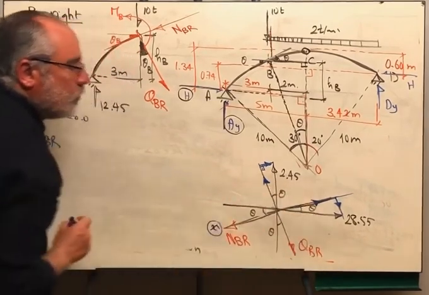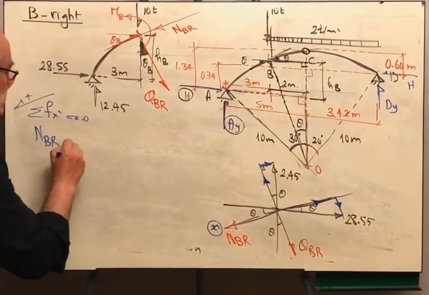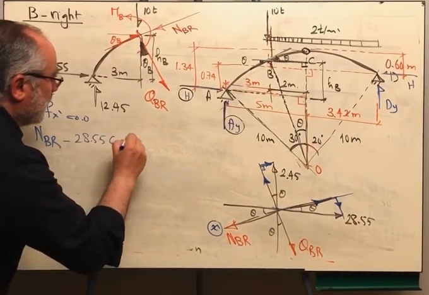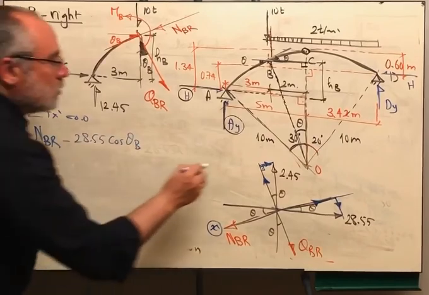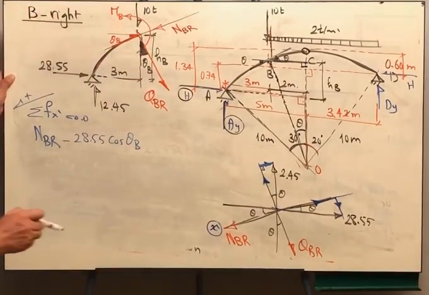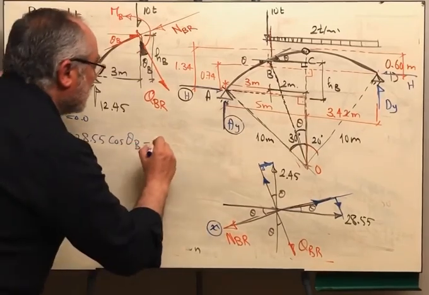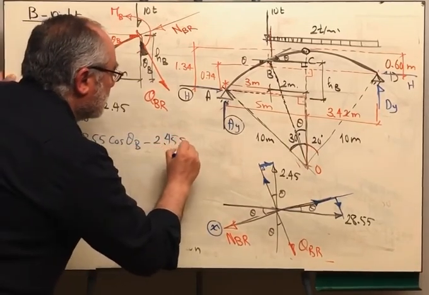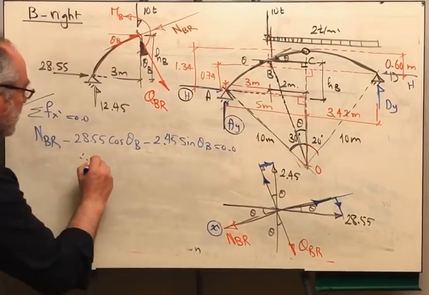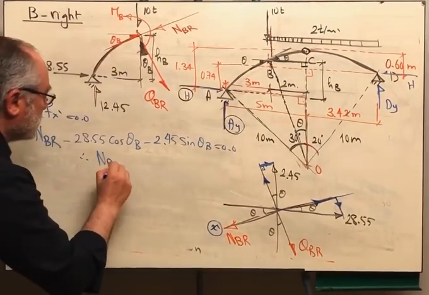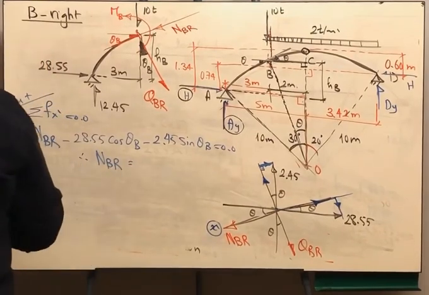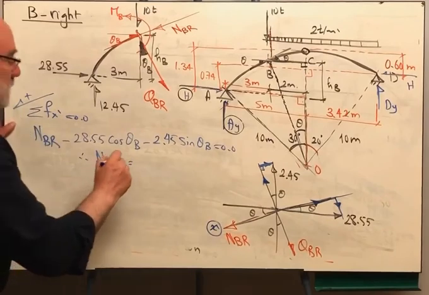Opposite to it is the component of the 28.55, so minus 28.55 cosine theta b, and also opposite to it the component of the 2.45, and now it is sine theta b. So from there the normal force right of point B will be 28.46.